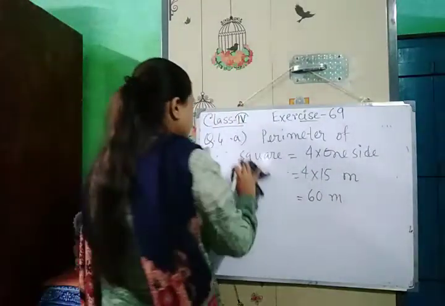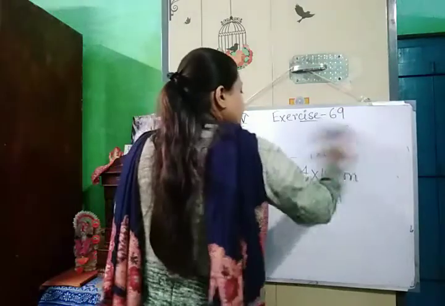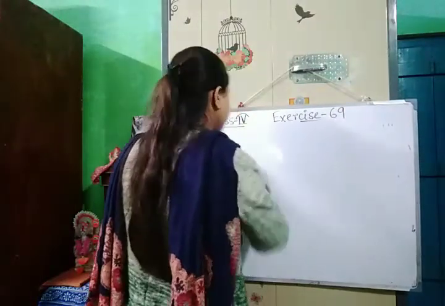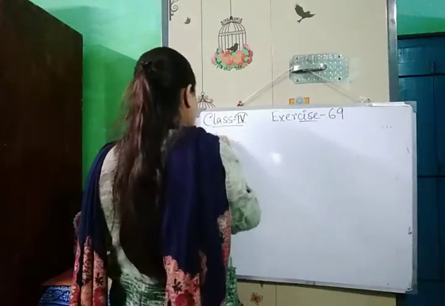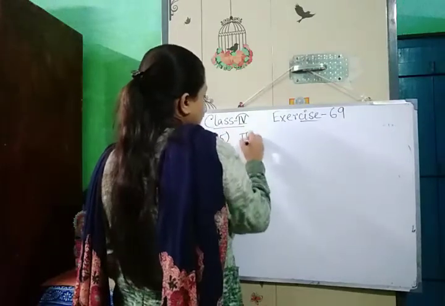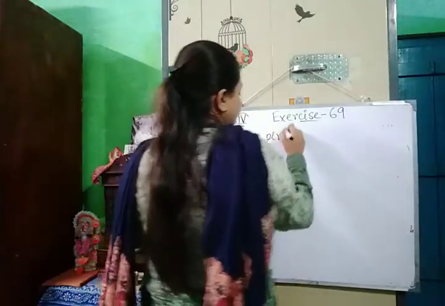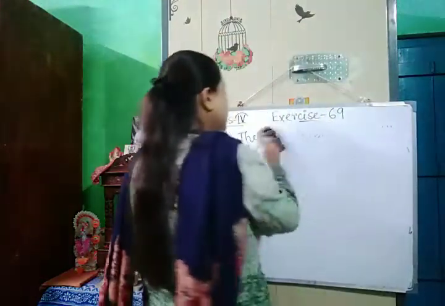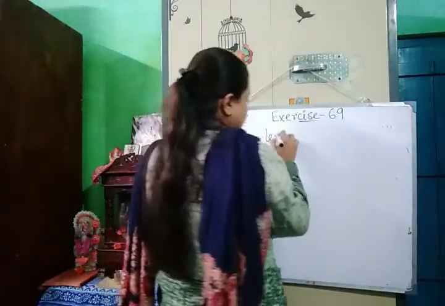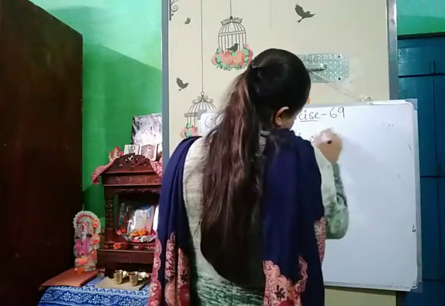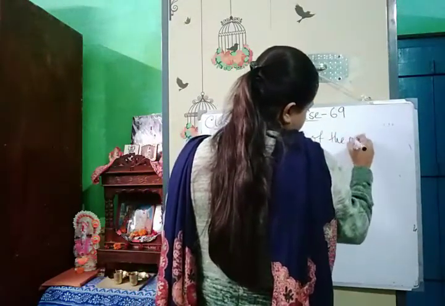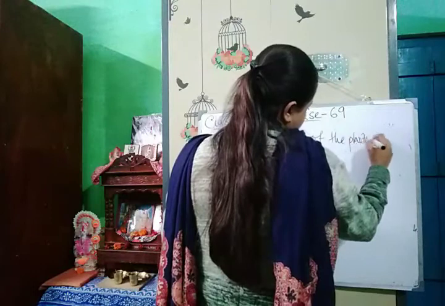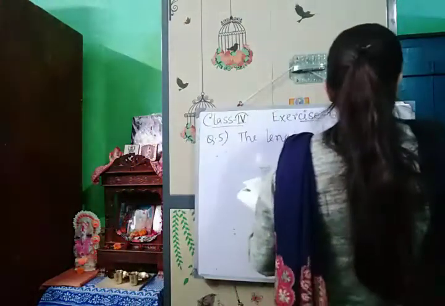Okay. So the perimeter, we will write the perimeter. Okay, first we will write the length and the breadth. The length of the photo is equals to 45 centimeter.